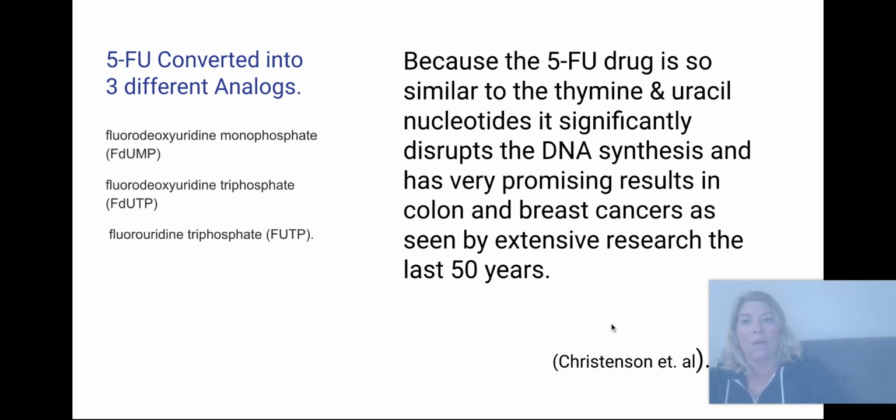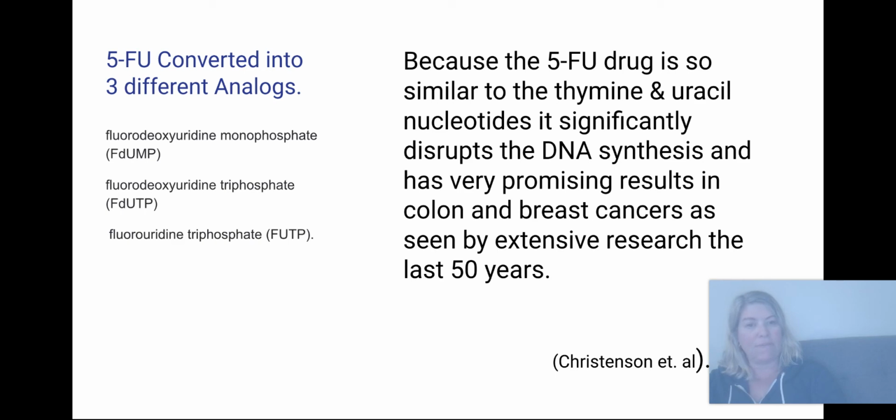So 5FU is converted into three specific different analogs. Those were shown on the previous slide. And then in some places they call them FdUMP, FdUTP, or just fluorouridine triphosphate.